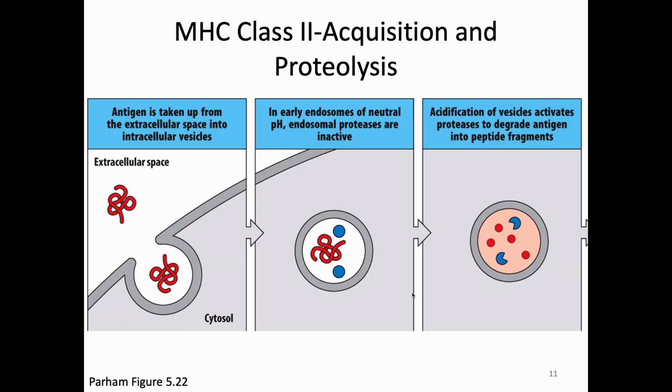So this gets us to some of the next steps of this process. We acquire antigen by endocytosis or phagocytosis, and then we make an endosome or a phagosome.